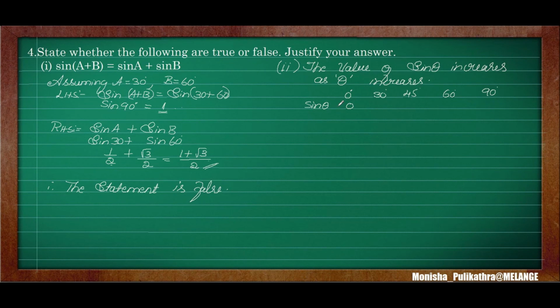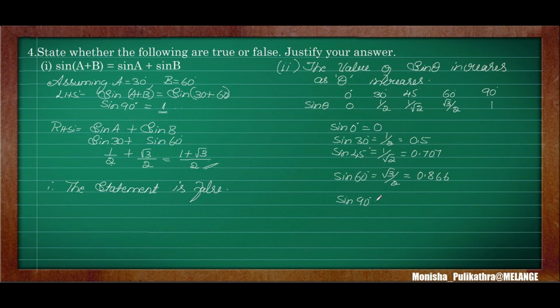Sin 0 degree is 0, sin 30 is 1 by 2 which is equal to 0.5, sin 45 is 1 by root 2 which is nearly 0.707, sin 60 is root 3 by 2 which is nearly 0.866, and sin 90 is 1.